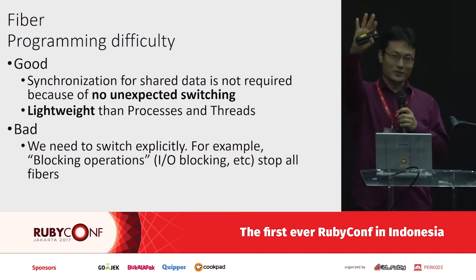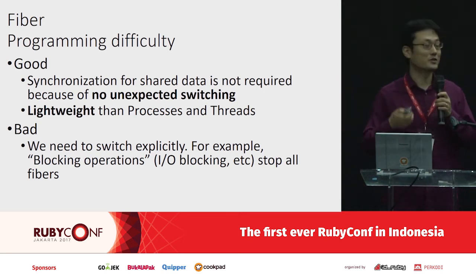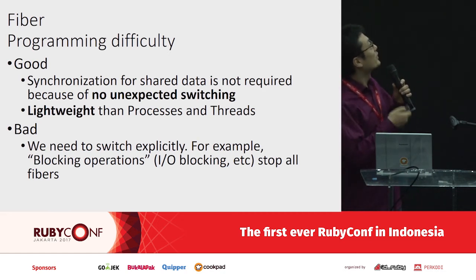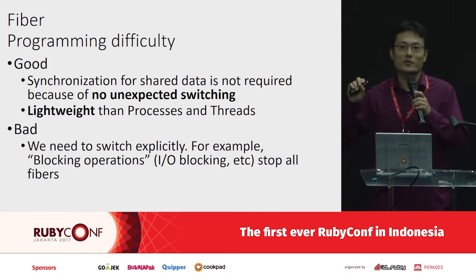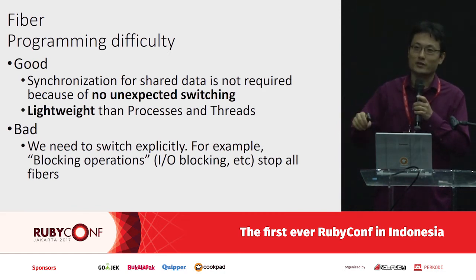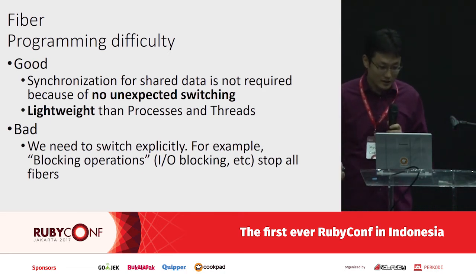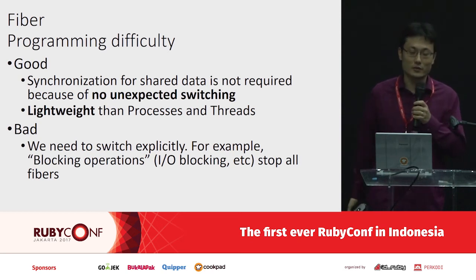The advantage is we can manage switching explicitly, but the disadvantage is also that we need to switch explicitly. For example, if one Fiber blocks the execution on one I/O operation, then we cannot continue any of the Fibers.